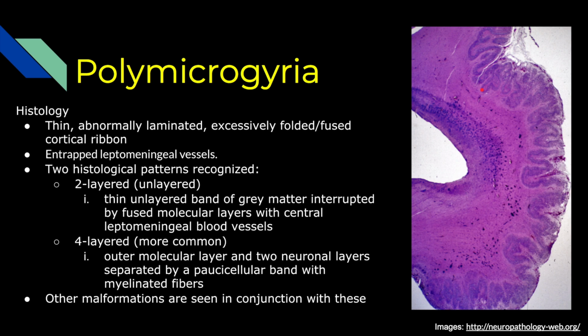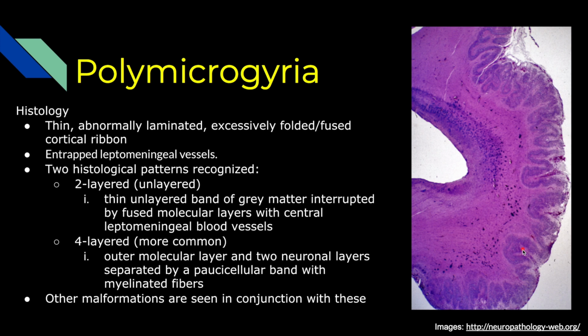There are entrapped leptomeningeal vessels, as we'll see. But really the hallmark feature at low power is this fusion of the molecular layer to form these irregular patterns, which is basically nearby gyri being fused together.